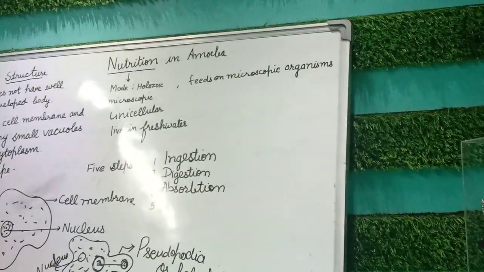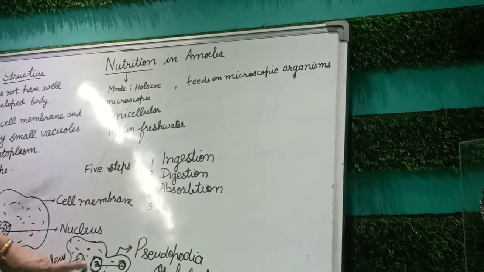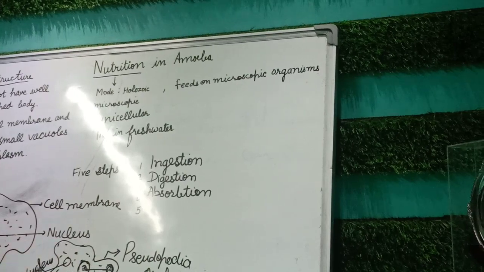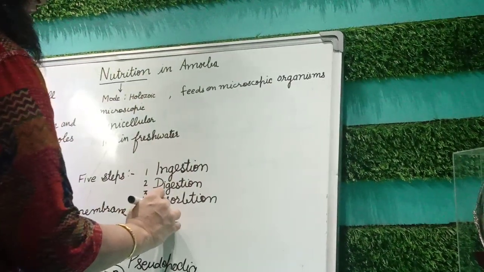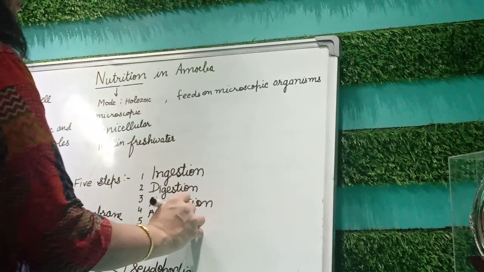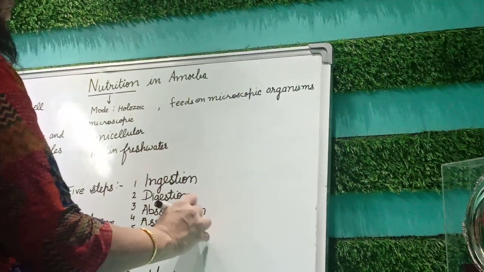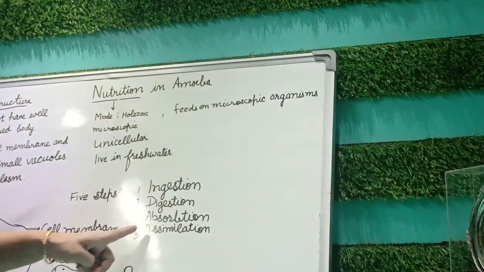Now food has been absorbed into the body. Now this food is utilized for doing various activities, and this process is known as assimilation. Assimilation means the digested food which is absorbed into the body is used for doing various activities.